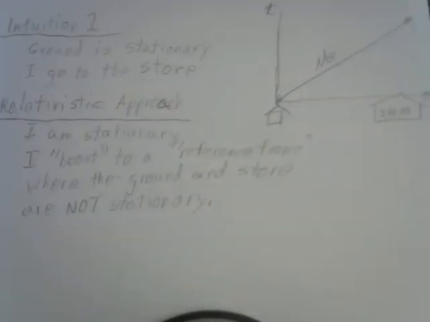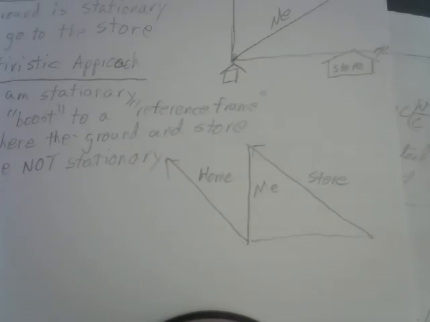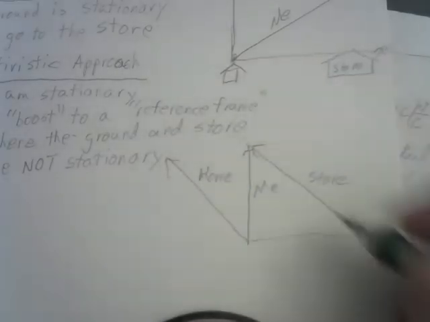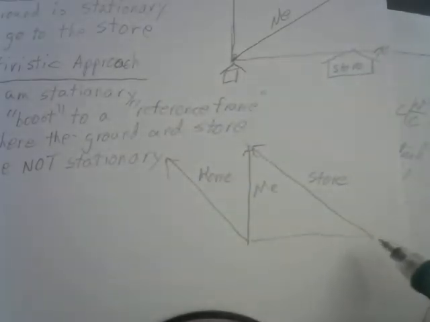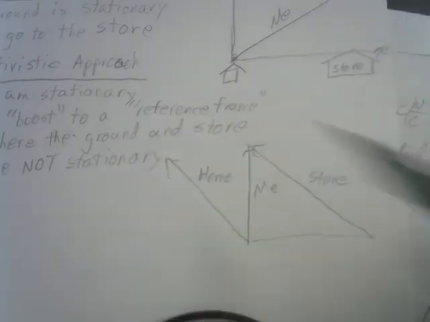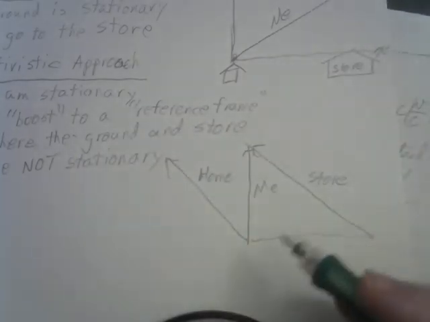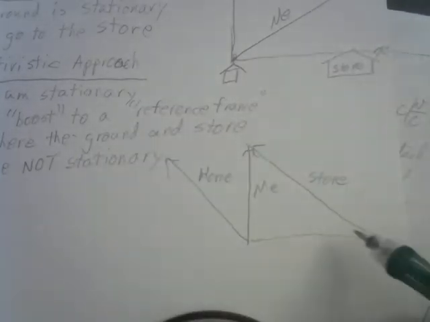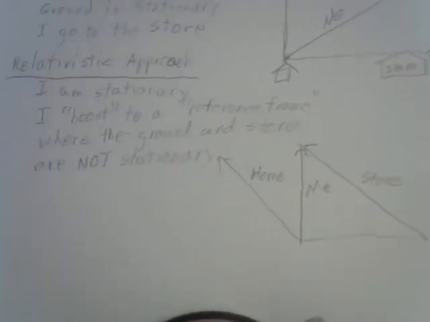But the relativistic approach is, here's me, I'm standing still, but in the reference frame that I'm standing still in, my home is moving to my left or moving behind me, and the store is moving towards me. So that is the relativistic approach.